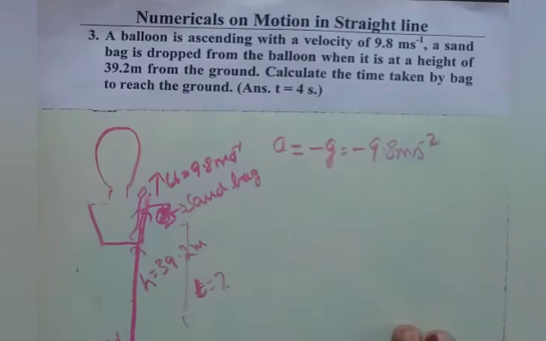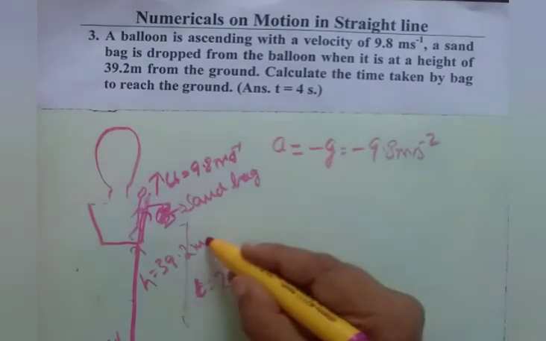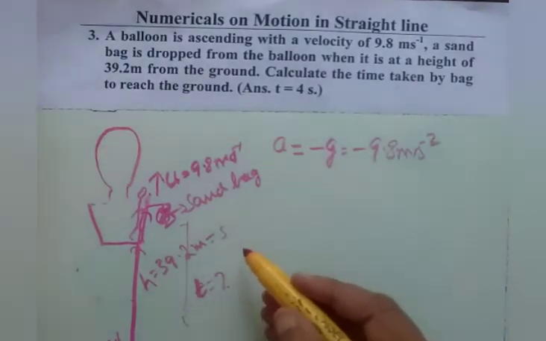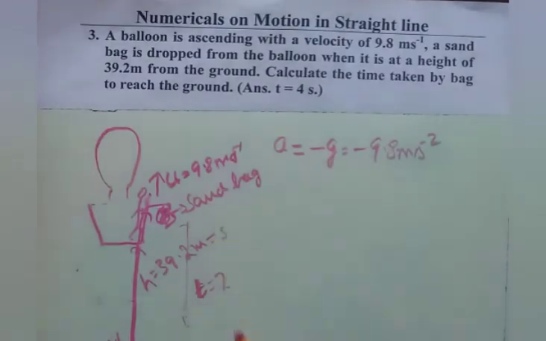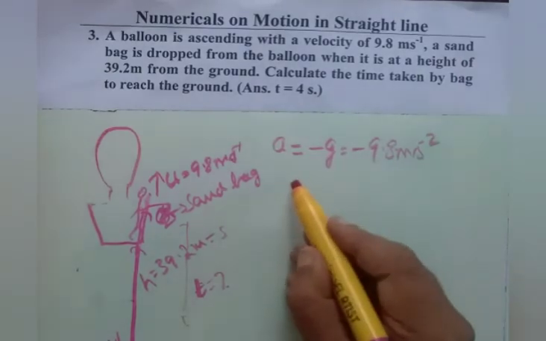Just observe. We are asked to calculate the time. Say displacement is given, that is h is displacement, and u we know, time to be calculated, a is also known. So which formula we want to use?